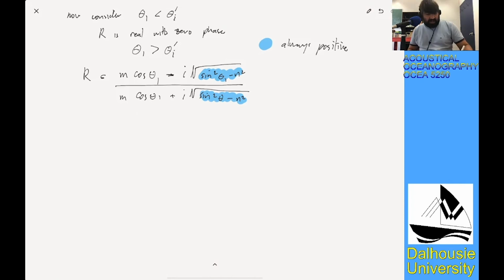So, if we go back to just writing this as a nice little imaginary number, where this is all the real part, this is all the phase imaginary part here.